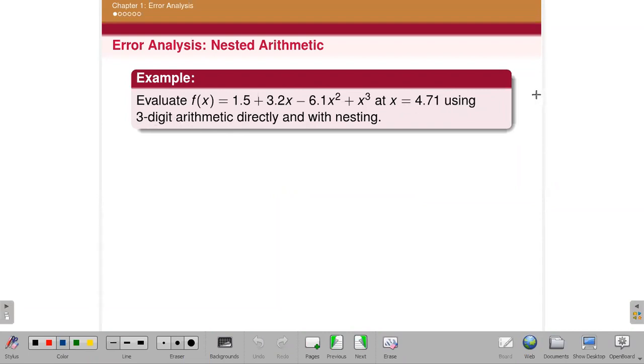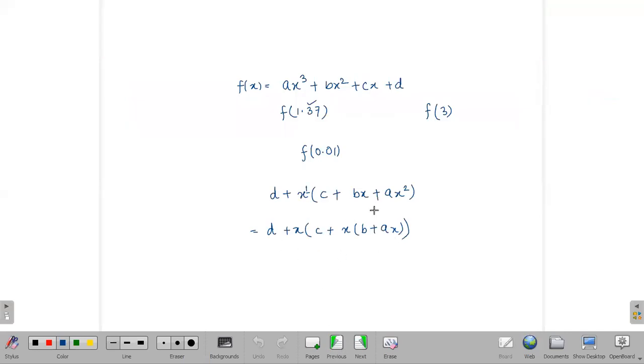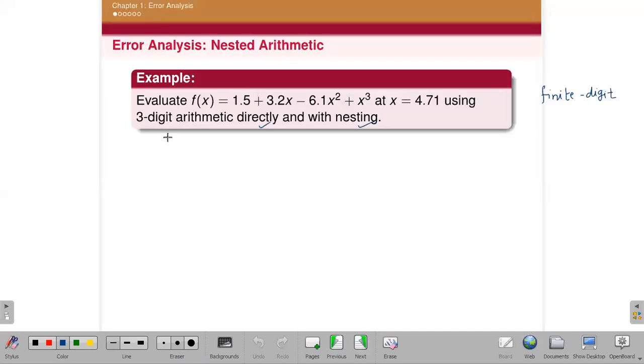We have already discussed finite digit arithmetic: in each calculation you have to maintain 3 digits only. That is the procedure we will follow here. And you have to find the value using 3-digit arithmetic directly and with nesting. Nesting is this process.